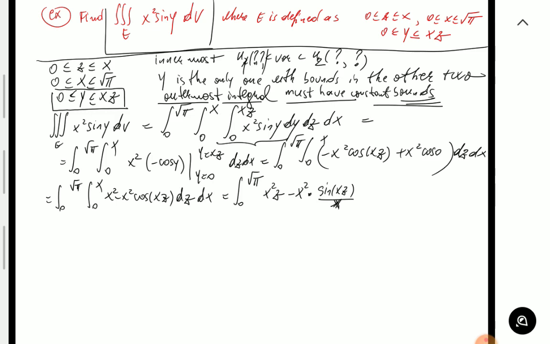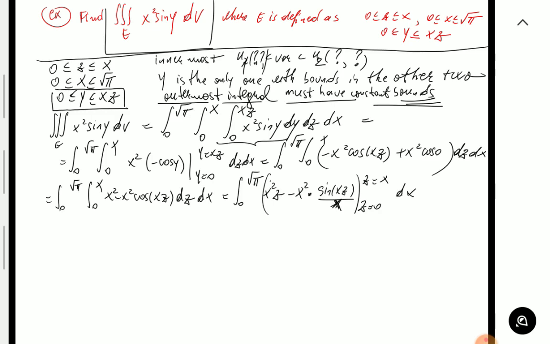If you go in reverse, if we differentiate sine, I get cosine of xz, but there's also times x because of the chain rule, so I have to put an over x to cancel for that. So anyway, that's the antiderivative for the middle integral with the bounds for z between 0 and x.